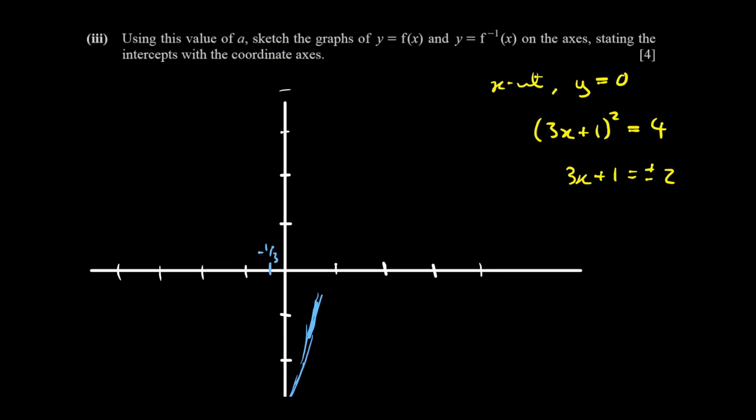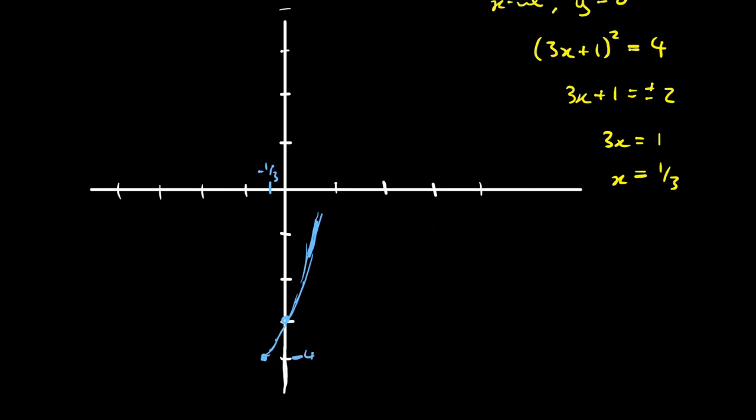We're just really interested in the positive one for this case. So we say that 3x is equal to 1, and so x is equal to a third, positive a third. So we know that the x-intercept there must be positive a third. So what I'm going to do is change my graph a little bit. Try to get it all through there.